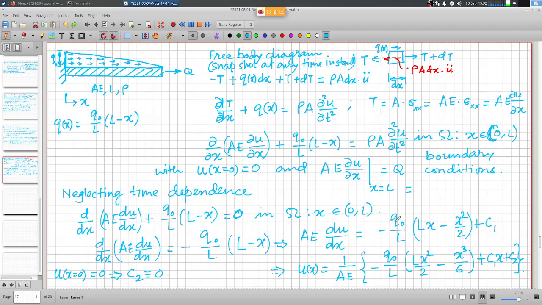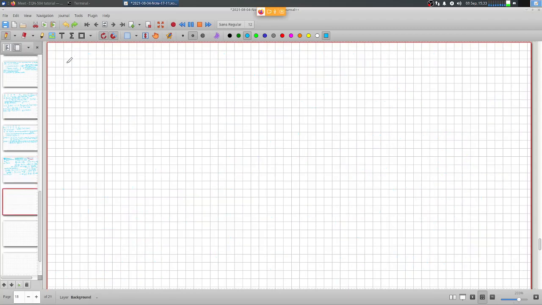So minus Q0 L by 2 plus C1 is equal to Q. So C1 is equal to Q plus Q naught L by 2. That's the solution.